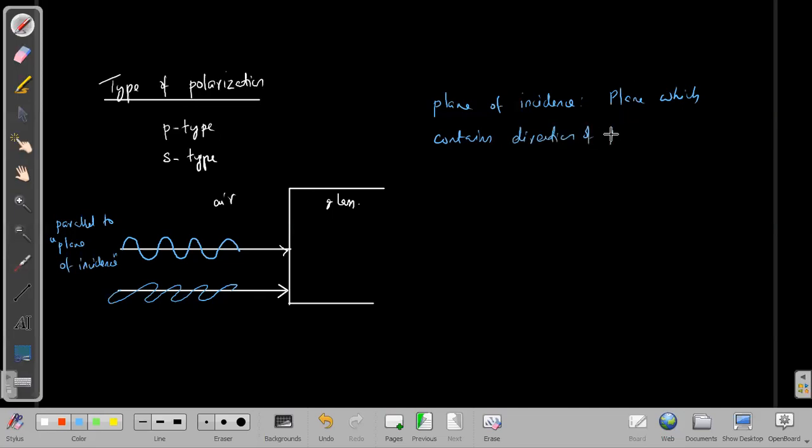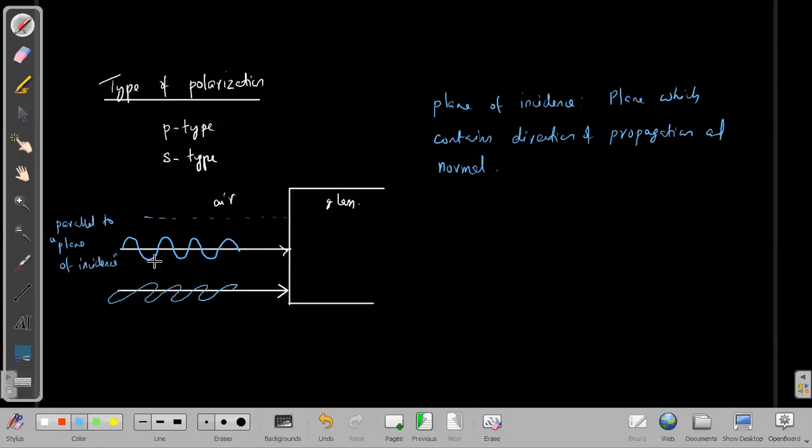Normal is just the vector perpendicular to the interface. Just a line perpendicular to the interface is called normal.